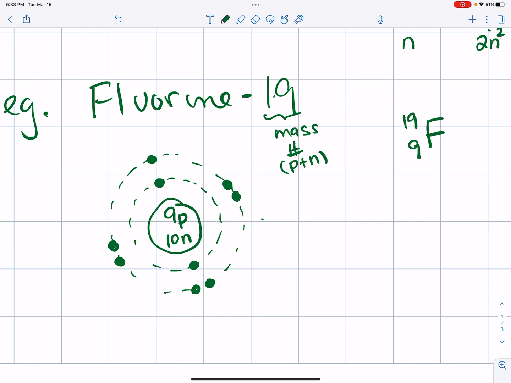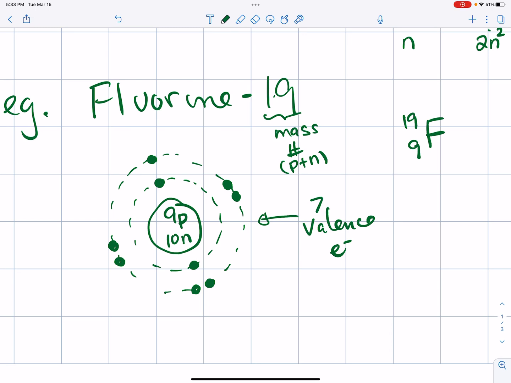So this isotope of fluorine has 9 protons, 10 neutrons in its nucleus, 9 electrons around the nucleus, 2 in the first energy level, and 7 in the outer energy level. So that means it has 7 valence electrons. Those are the electrons in the highest energy level.